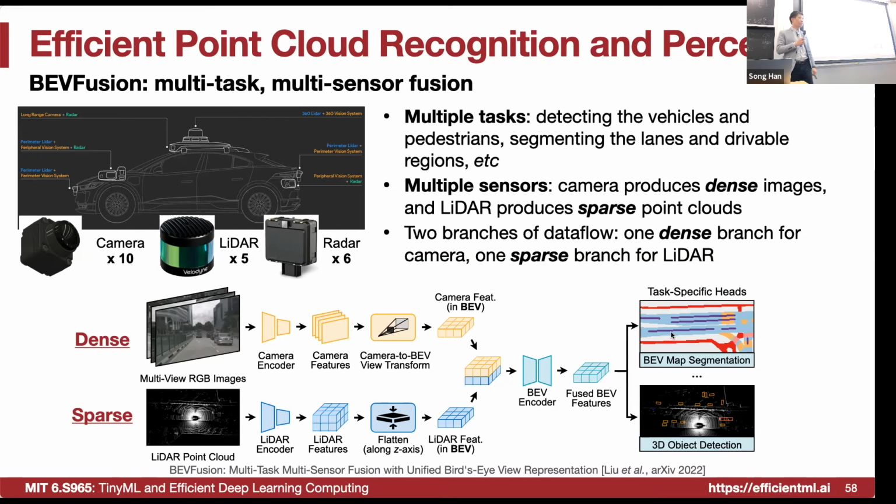Conventional methods either fuse the point to the image or fuse the image to the point. Both of them lose information. And here we are choosing a third way, which is the BEV space as the target space to fuse the two different branches. And for different tasks, we just use different heads.